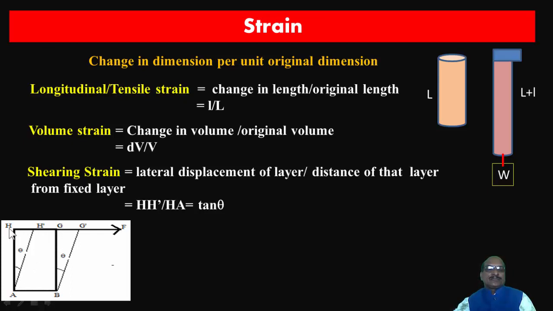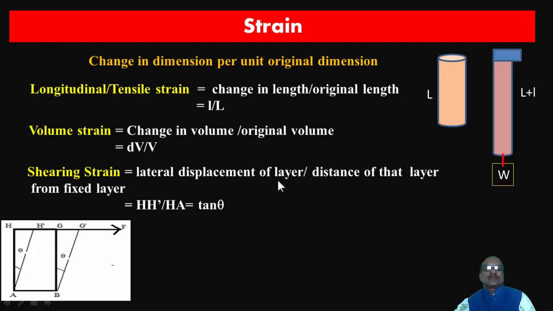Now, if we pull this body towards the right with the deforming force F, then we see that there is a change in shape of this body. We get a parallelogram.